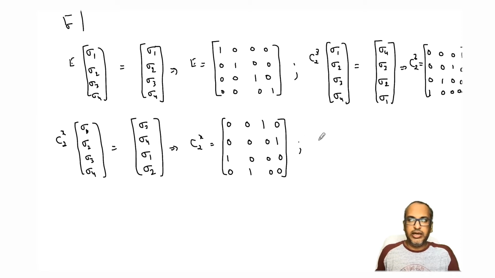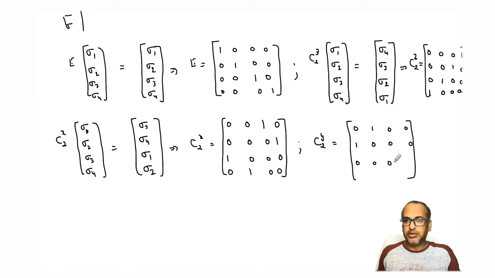Okay, so similarly, let's not do this all over again. So I'll just write down the matrices for C2y and the rest of the symmetry operations. So I will have 0, 1, 0, 0. Then I have 1, 0, 0, 0. Then I have 0, 0, 0, 1, and I have 0, 0, 1, 0.